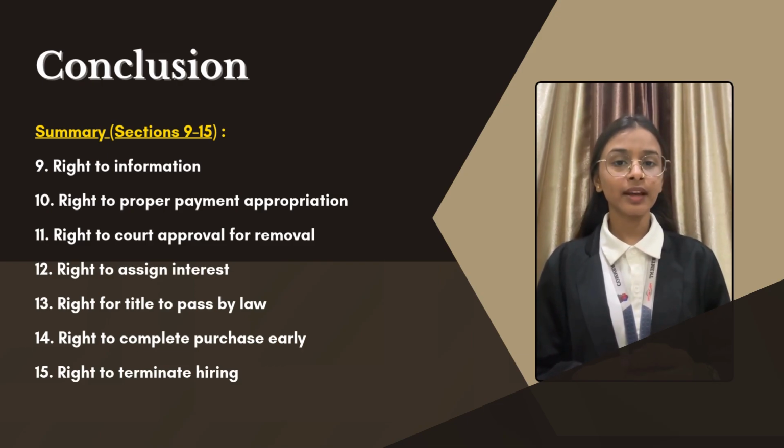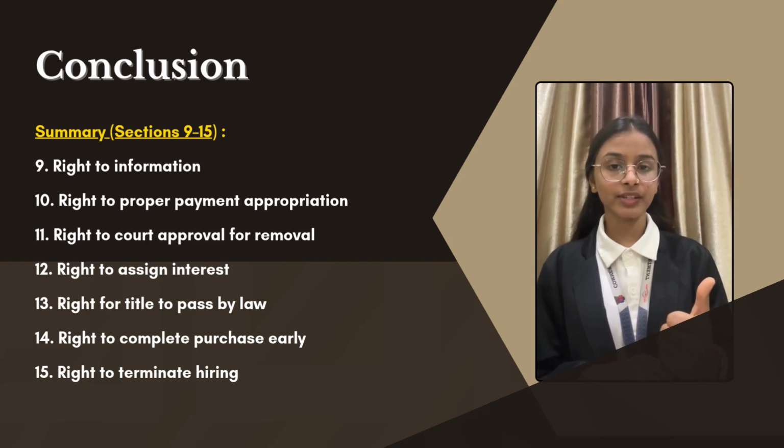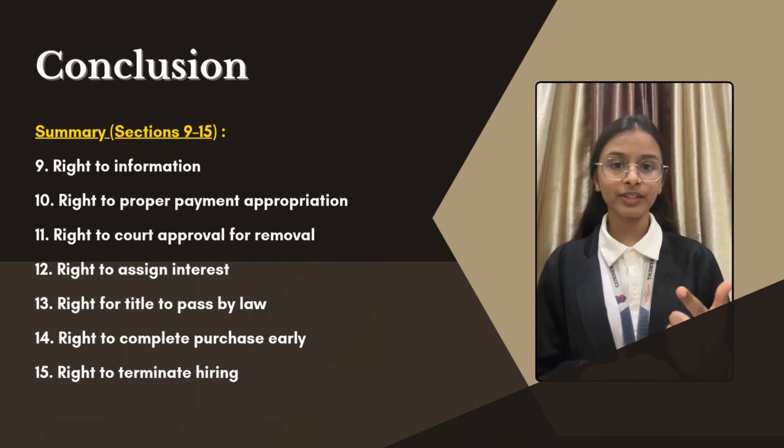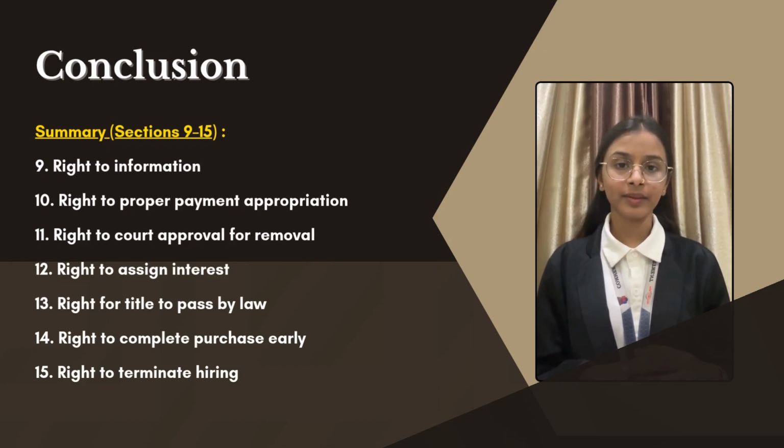Section 9 is the right to information, Section 10 is the right to proper payment appropriation, Section 11, the right to court approval for removal, Section 12, the right to assign interest, Section 13, the right to pass by law, Section 14 is the right to complete purchase early, and Section 15 is the right to terminate hiring.